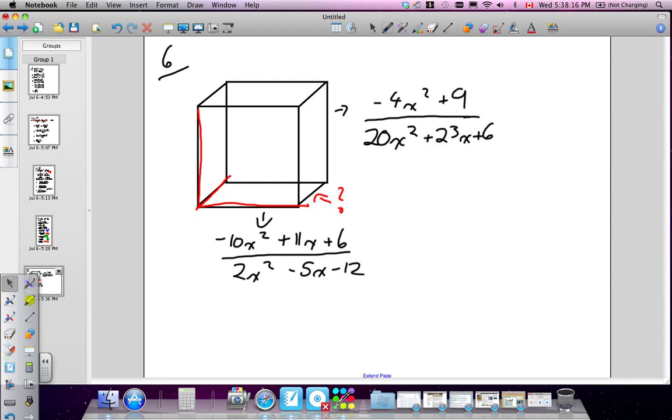So in order to simplify both of them, we're going to factor them all and see if we can cancel things out. And then we're going to multiply our two simplified sides together just to find the area of this face here, that front face.